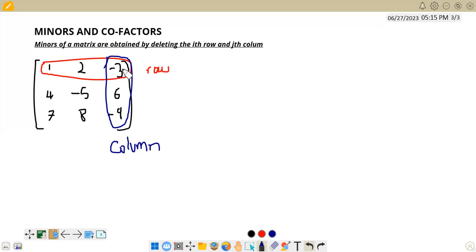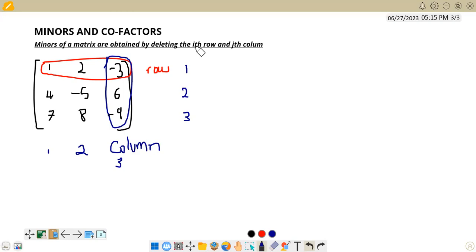So this is a row, this is a column. In other words, this first one is row 1, this is row 2, and this is row 3. So this is column 1, this is column 2, and this one is column 3.